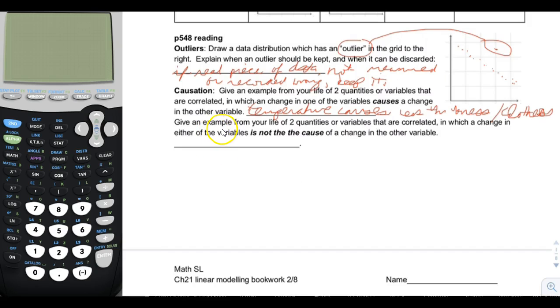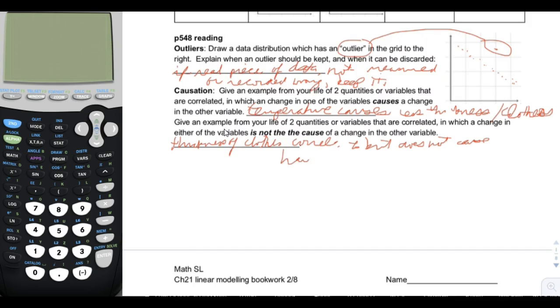Now given a similar example, except for this time, give an example where the two variables are correlated, but one does not cause the other. Let's take thickness of clothes correlated to, but does not cause, hair length. Okay?